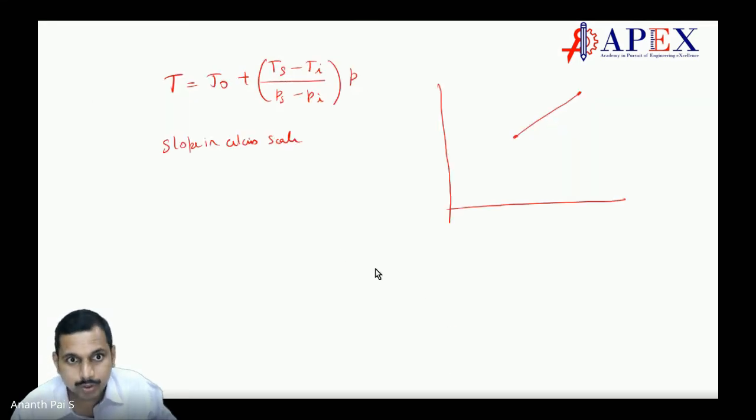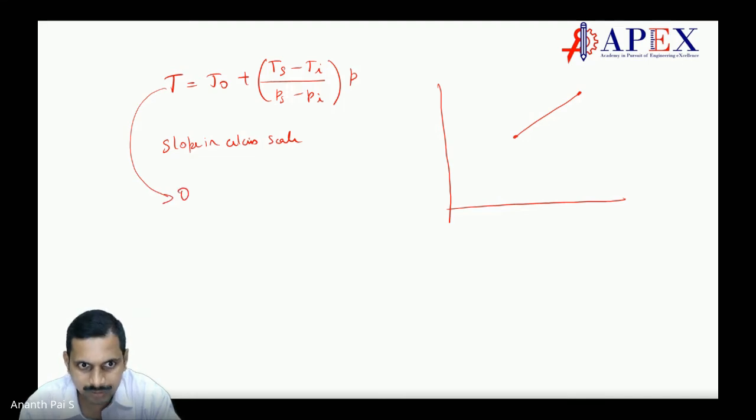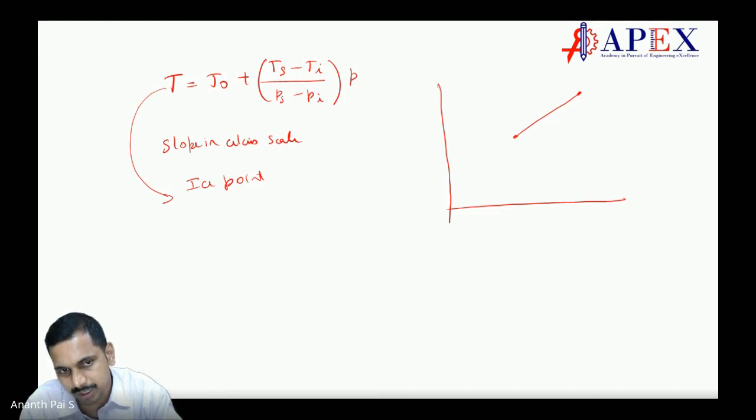Let us take this as 0, that is, T at the ice point. At the ice point, if you see, what will come, this is Ps only, correct?